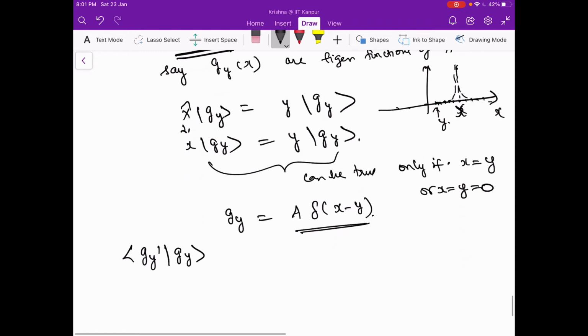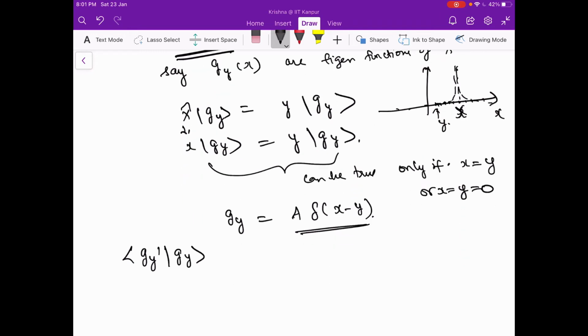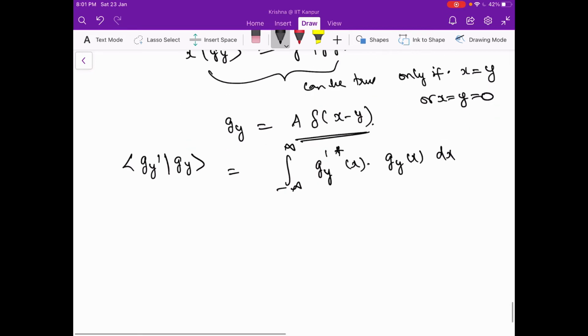So this will be given by the integral from minus infinity to infinity of gy star times x times gy of x dx, and gy is defined in this particular way.